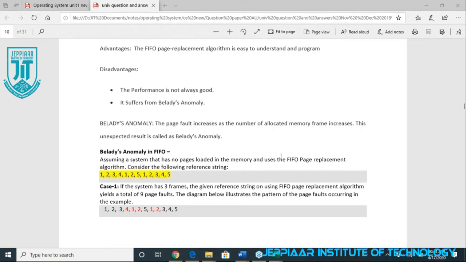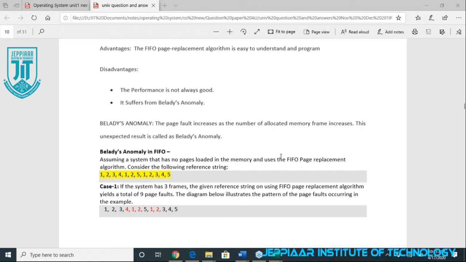Generally, when you increase the main memory size, the frame count, you get fewer page faults. But in some unexpected situations, with FIFO, when you increase the frame size you get an increase in page faults. This unexpected result is called Belady's anomaly.